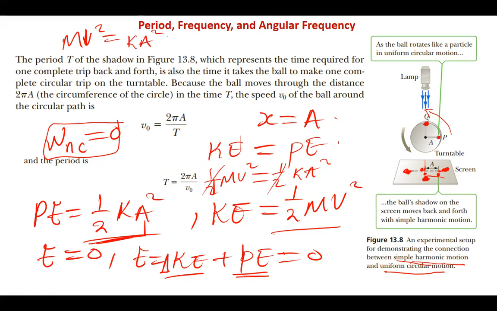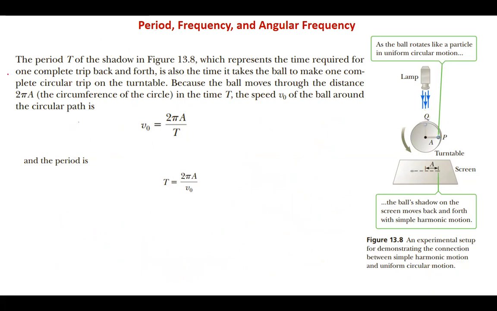From here we can derive the formula for the velocity of a particle that is undergoing both simple harmonic motion and uniform circular motion. So we can simply get the velocity from m v squared.